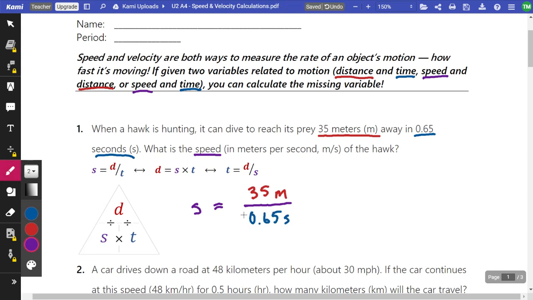Okay, now if I plug this into a calculator, I should be able to figure out the speed in meters per second. Now, let's see, my mental math is definitely not good enough for this, so I'm going to have to reach over here and grab my calculator. So I take 35 divided by 0.65, and what I get is about 53.85 or so.